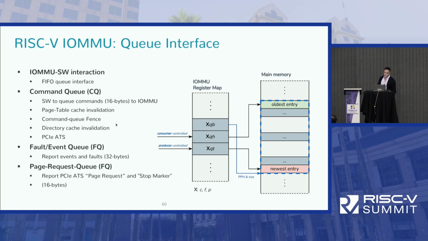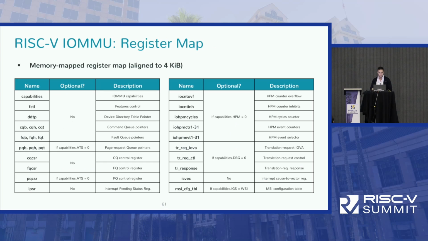In terms of interface, it is quite well defined, leveraging queues. These queues are command queues, fault event queues, and page request queues. And basically, this is the memory-mapped register interface. Some registers are optional, like the performance counters.